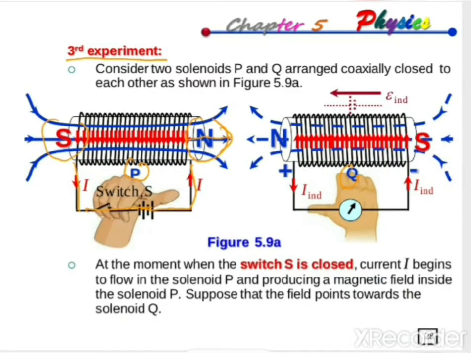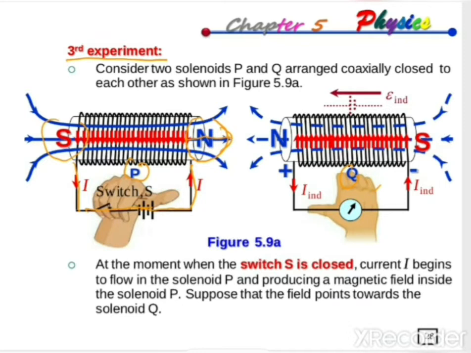When the magnetic flux through coil P increases, the magnetic flux through solenoid Q also increases with time. According to Faraday's law, an induced current due to the induced EMF will exist in solenoid Q. The induced current flowing in solenoid Q must produce a magnetic field that opposes the change producing it, which is the increase in flux.